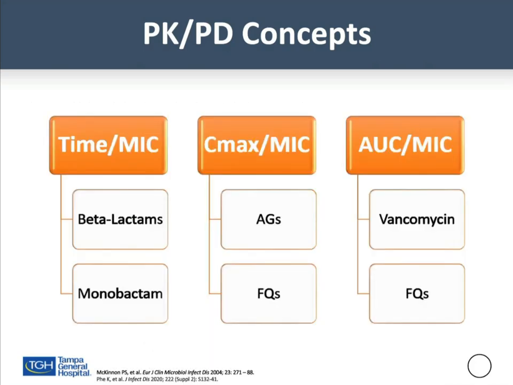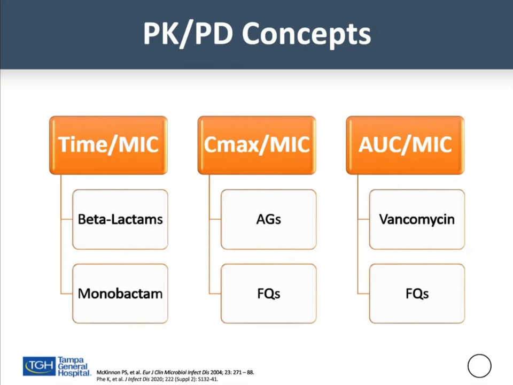This visual is showing how some of our antibiotics are classified into these three categories. So our prototypical time over MIC drugs are our beta-lactams. Certainly that includes penicillin, cephalosporins, carbapenems, as well as our sole monobactam drug, aztreonam. Our Cmax over MIC drugs, we do have our aminoglycosides. We can take advantage of extended interval dosing to optimize that Cmax for our aminoglycosides.